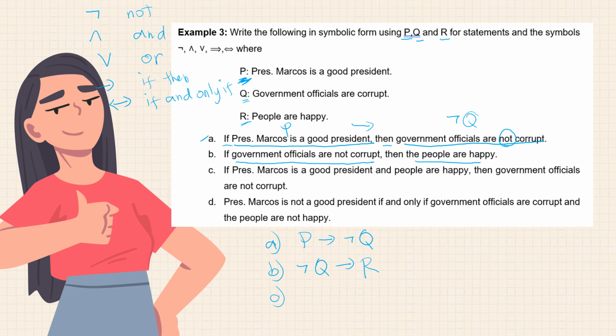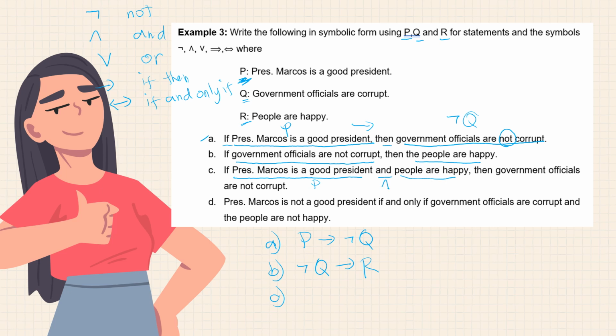Let's proceed to letter C. If President Marcos is a good president and the people are happy, then government officials are not corrupt. So again, President Marcos is a good president, that is P. Then the word and, that's this sign.